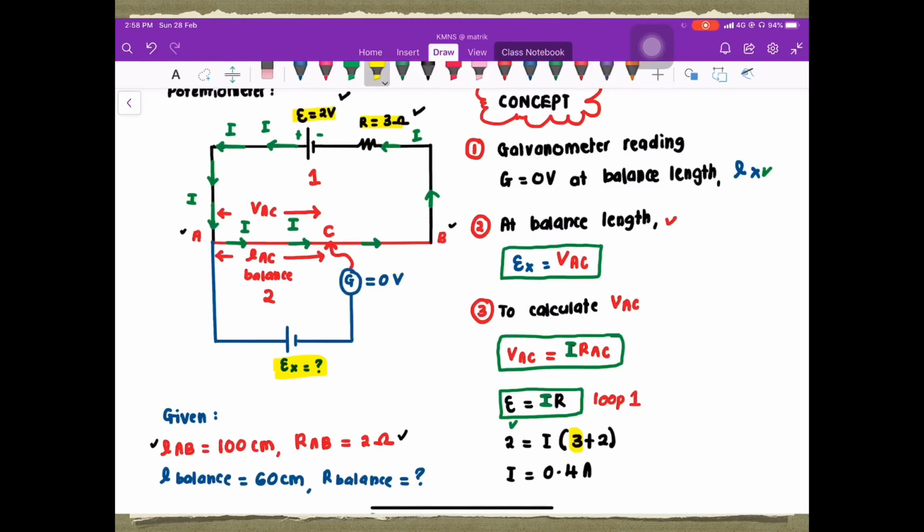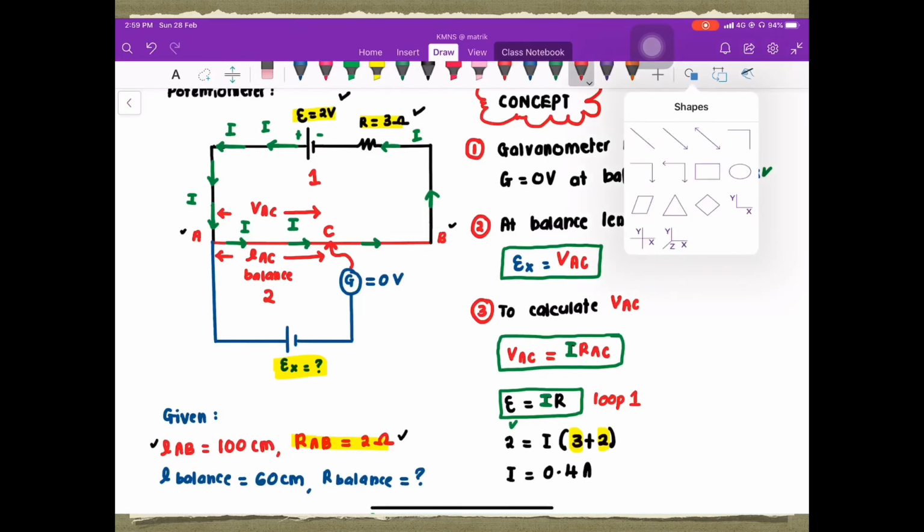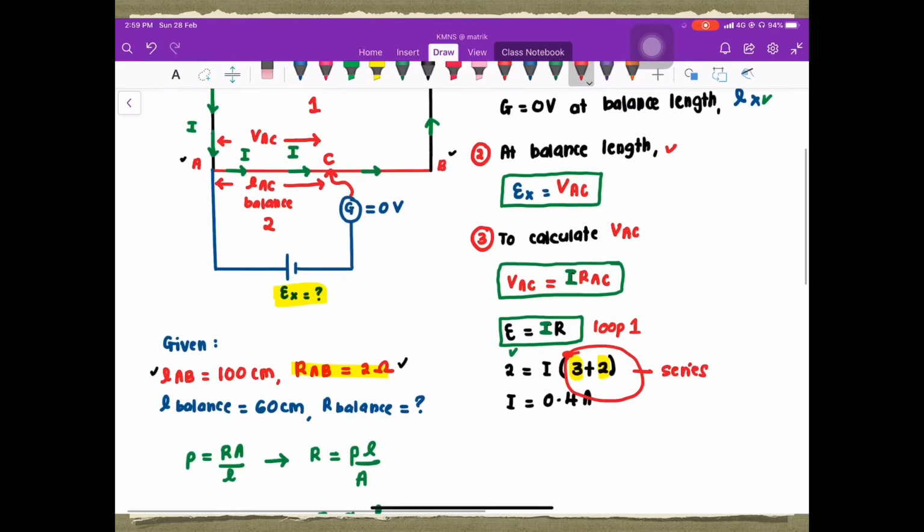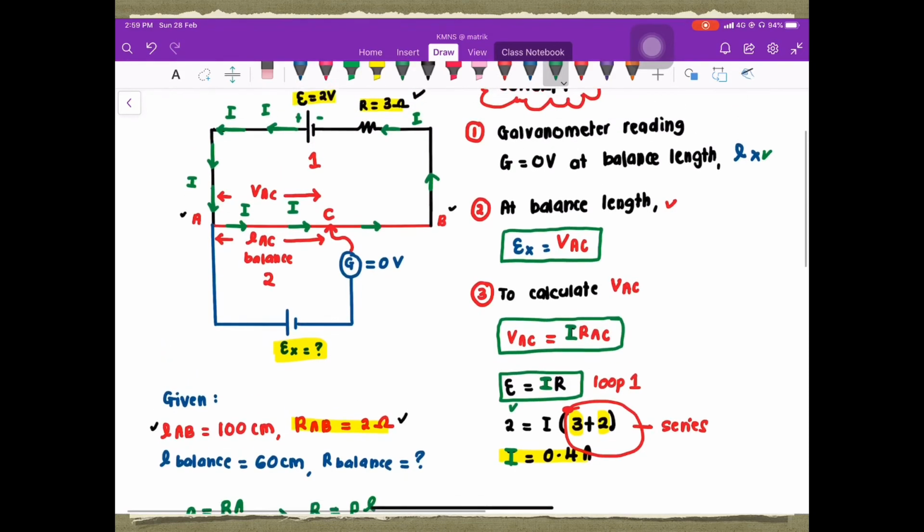Be careful here: along resistance AB, the value of resistance is 2 ohm. The 3 plus 2 ohm we combine in series. Therefore, we can determine the value of current along loop 1.